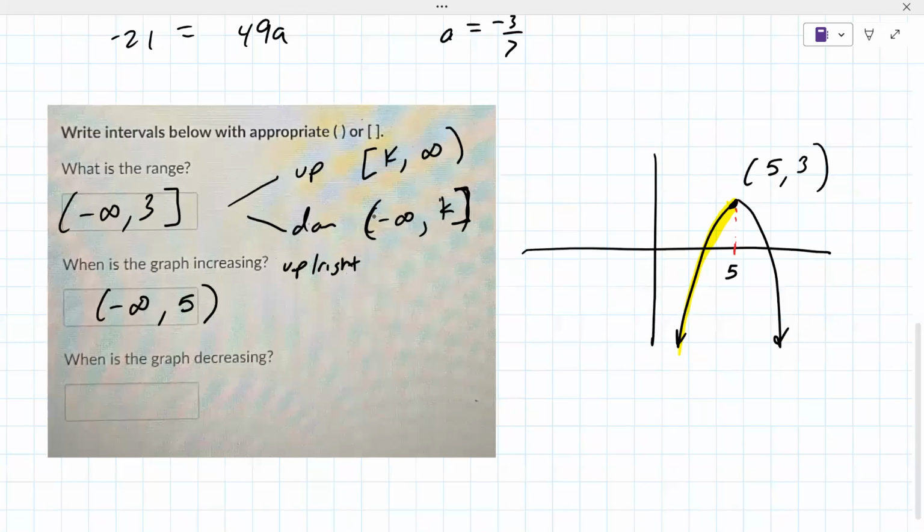So for the increasing and decreasing, you're always looking at the x values. Do you put a bracket on the 5? So at 5, it's neither increasing nor decreasing. You're almost like floating in space right there.